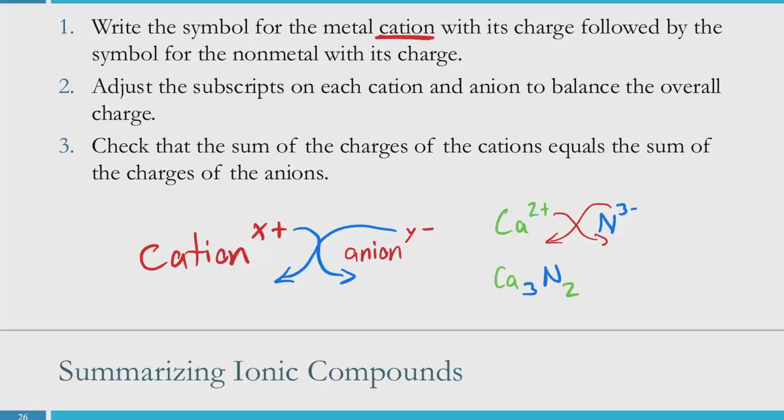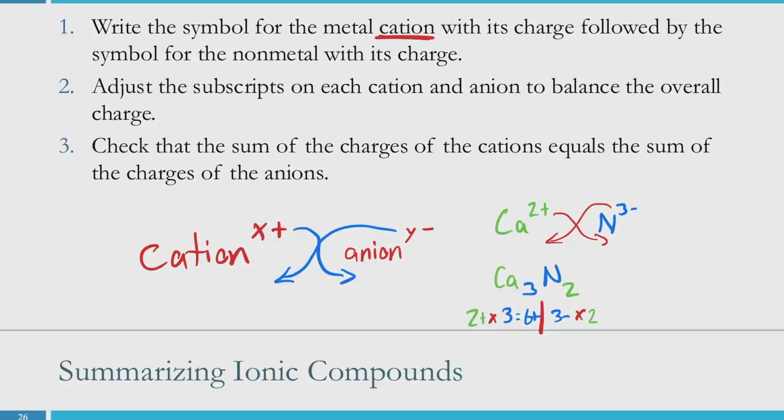And then if we check our charges, our charge on our calcium was a 2+ times 3 of them equals 6+. Our nitrogen has a charge of 3-. So we take 3-, we multiply that by the number of them that we have, which is 2.